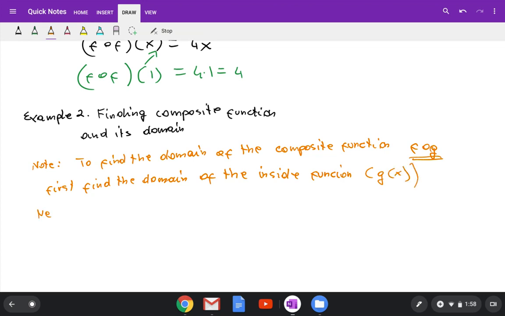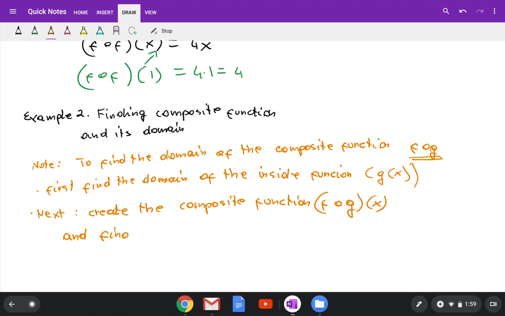Next, create the composition, create the composite function f composed with g of x, and find the domain of the new function.